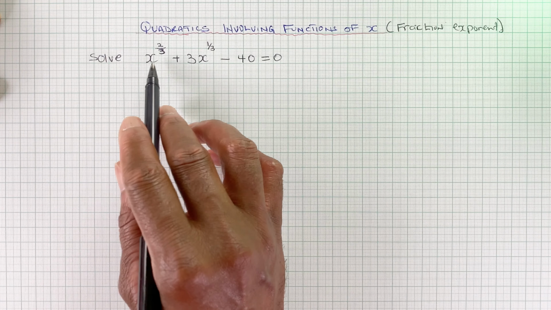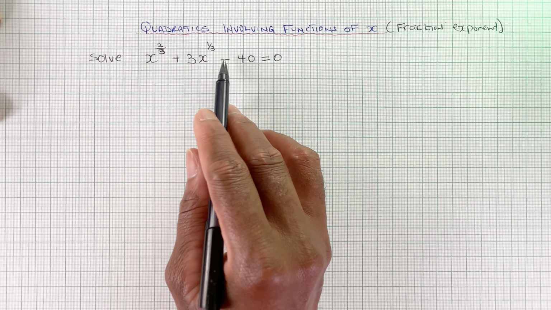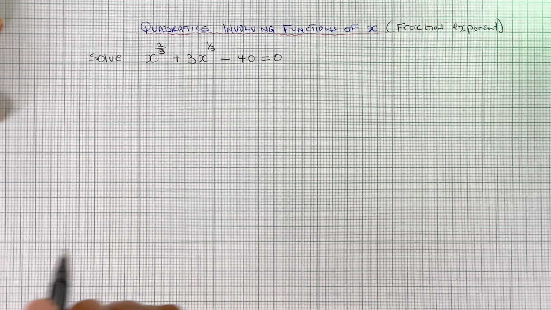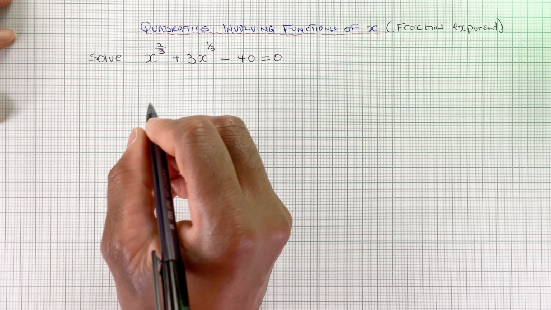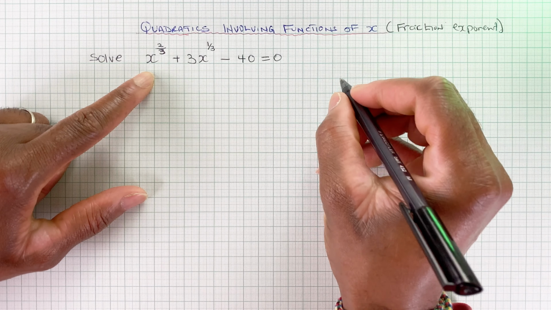So solve x^(2/3) plus 3x^(1/3) minus 40 equals 0. First of all, I just want to show you something that's really funny here.